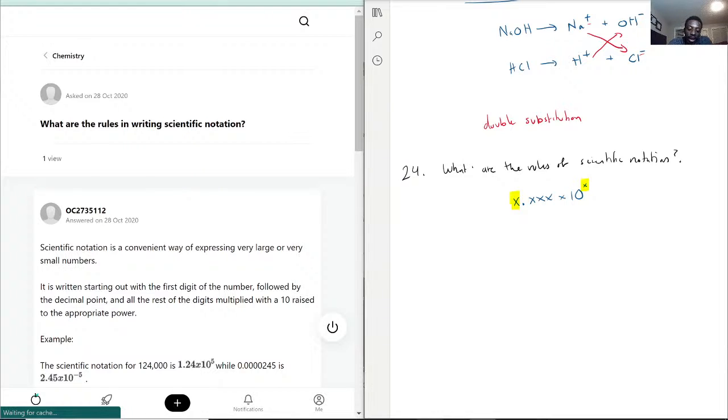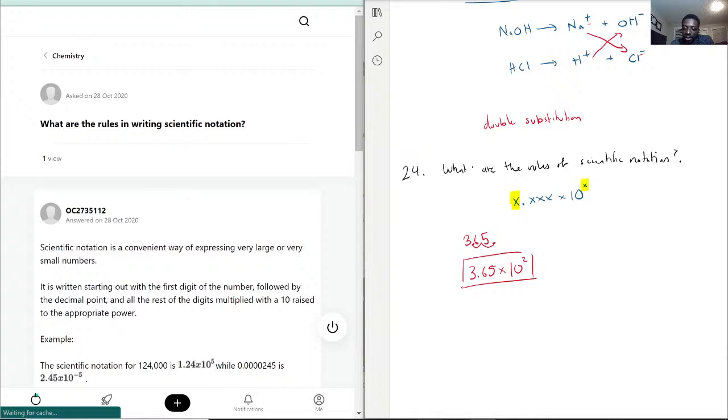If I had 365, scientific notation is just: start with the decimal point and move it twice. So now you know your number is going to be times 10 to the 2, and after moving it twice, it's 3.65. So 3.65 times 10 to the 2 is the scientific notation for 365.